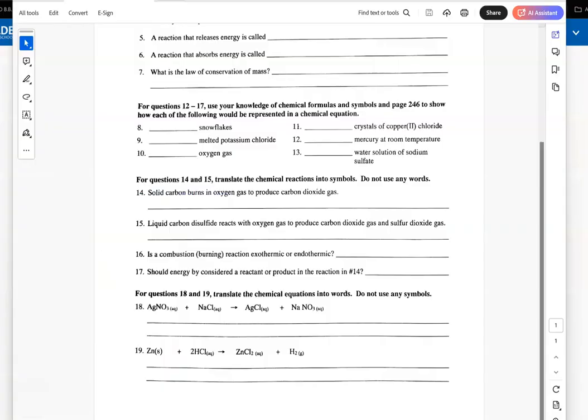Okay. So number 14, we're just translating a word equation into actual symbols. It says do not use any words because it's already in words, so we're trying to go and not do words.